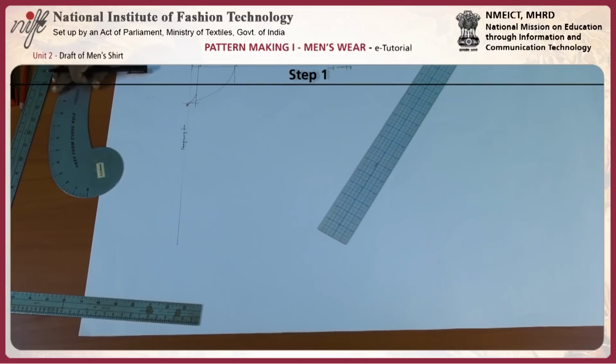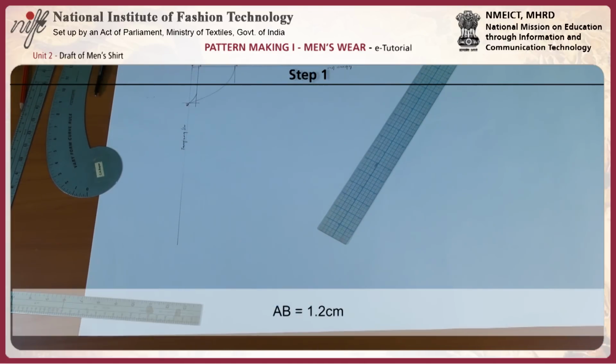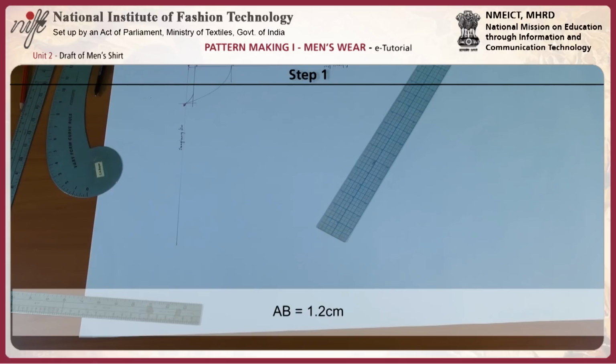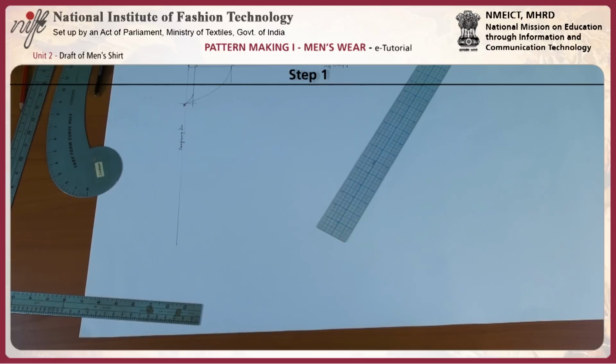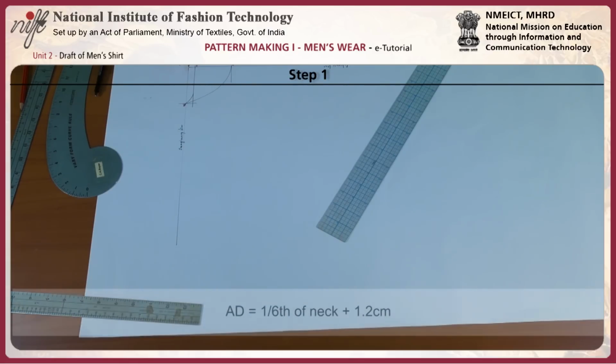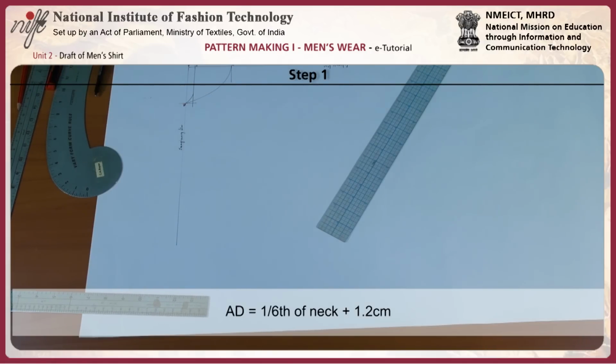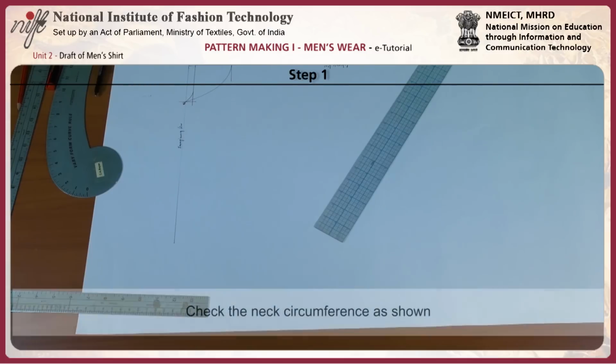A to B is 1.2 centimeter. A to D is 1/6 neck plus 1.2 centimeter, or it's 1/6 neck from B. With this, the neck circumference is complete.